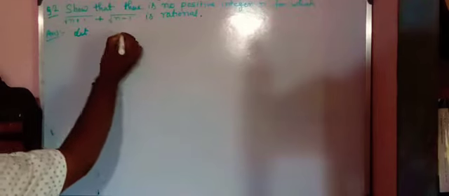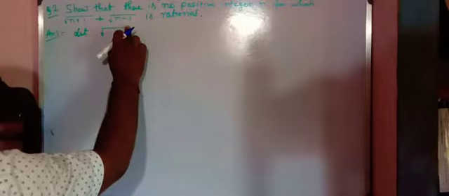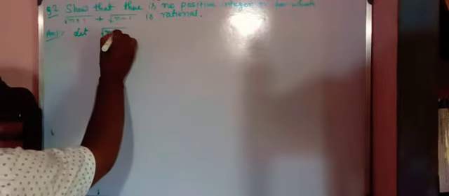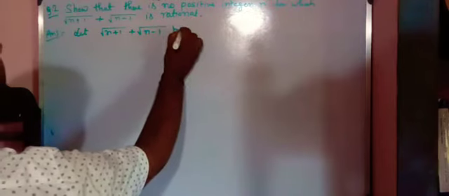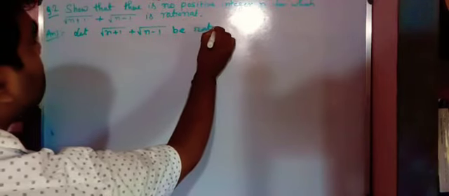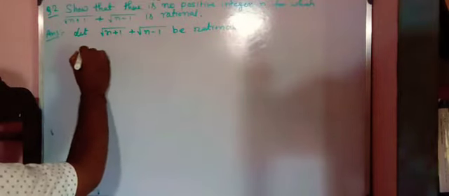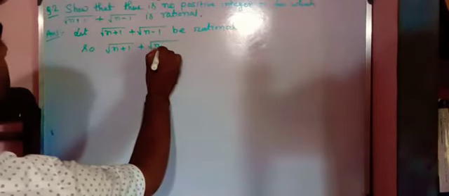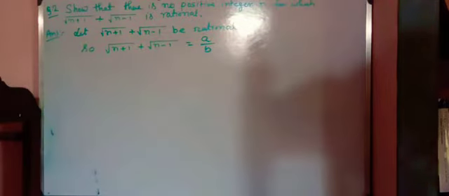We will again do it by assumption and by contradiction. So let root of n plus 1 plus root of n minus 1 be rational. So it can be expressed as a by b, since it's a rational number.